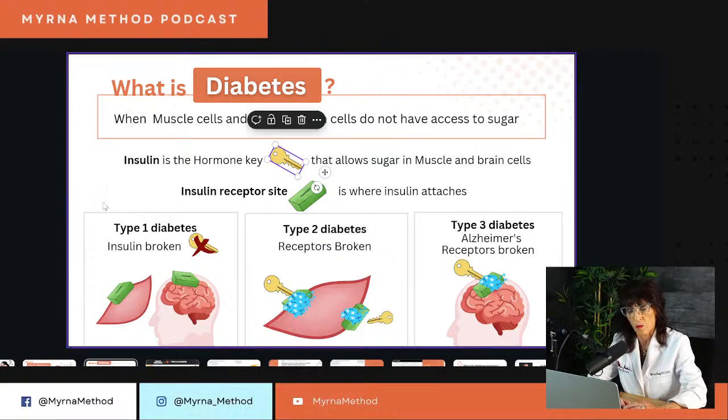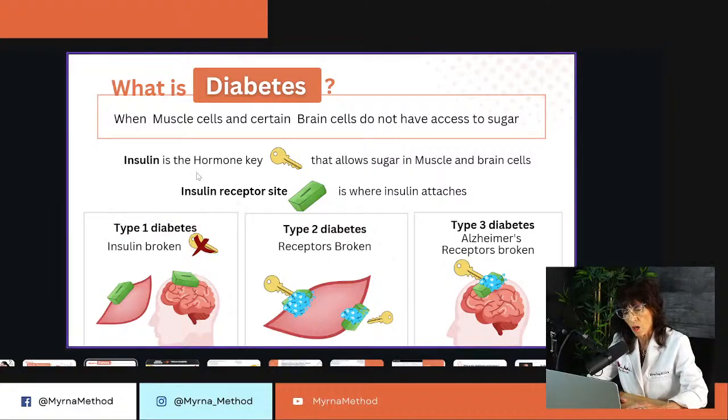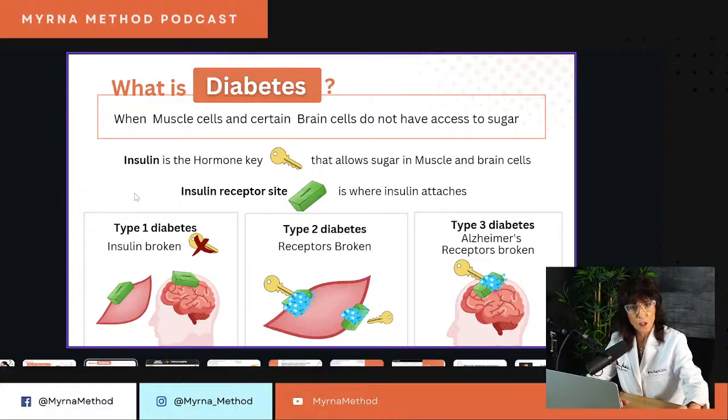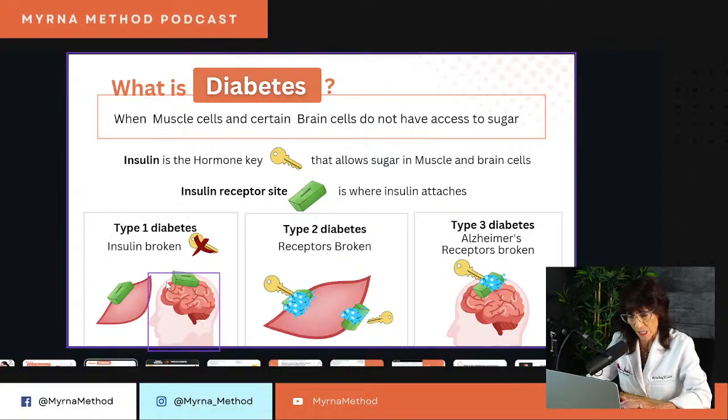So let's start with type 1 diabetes. Type 1 diabetes is when insulin isn't working. We don't supply enough insulin, and therefore the body cannot move the sugar into the muscle or the brain cells because there's no hormone to do it. But the receptor sites are working just fine.